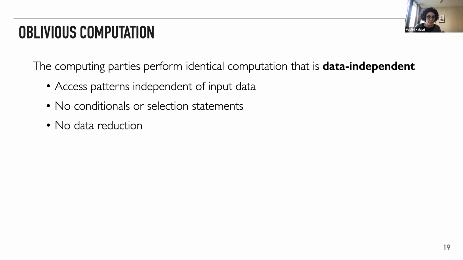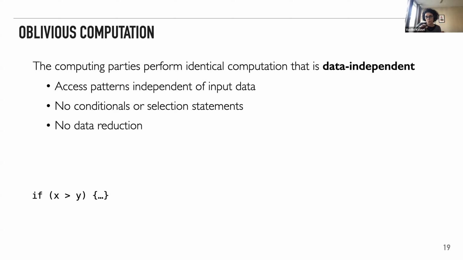I'll show you, for example, how we can compute an inequality predicate in an oblivious way. Normally we would write: if x greater than y, then do something. But in oblivious operators, we cannot have conditionals or selection statements.